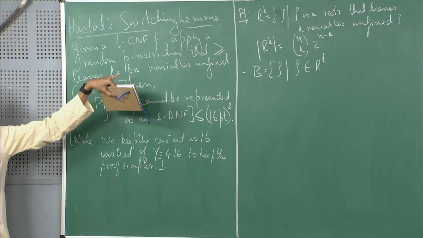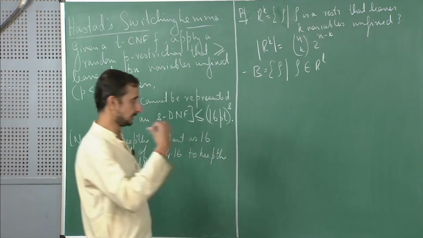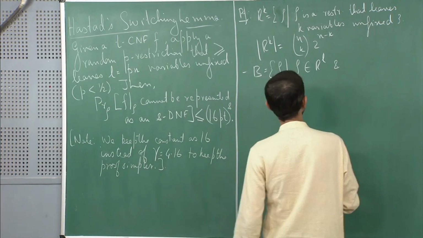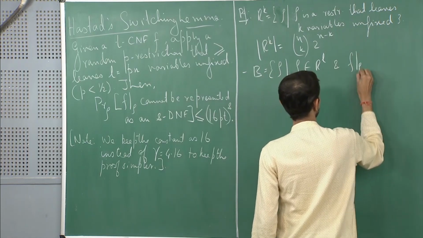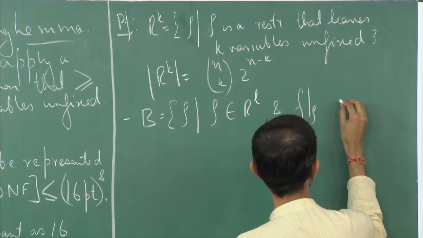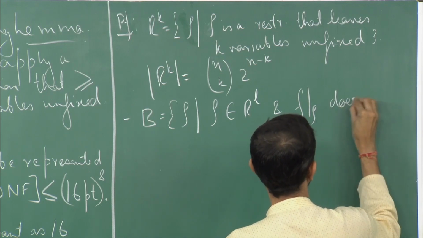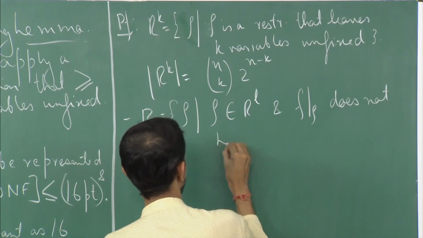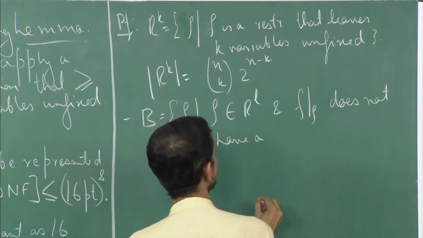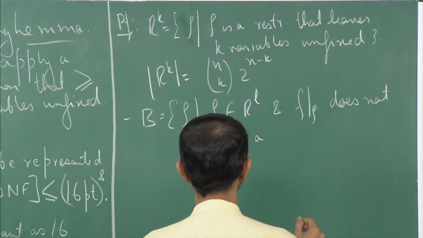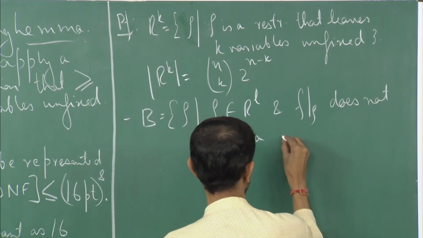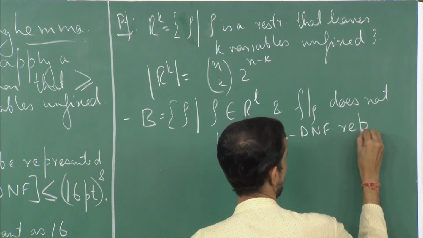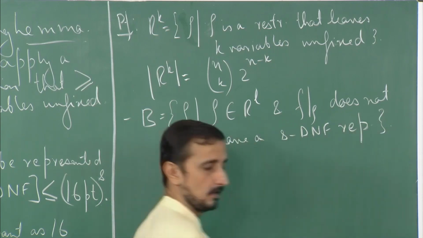L is given by the lemma, and f restricted to rho does not have an SDNF representation. Okay.